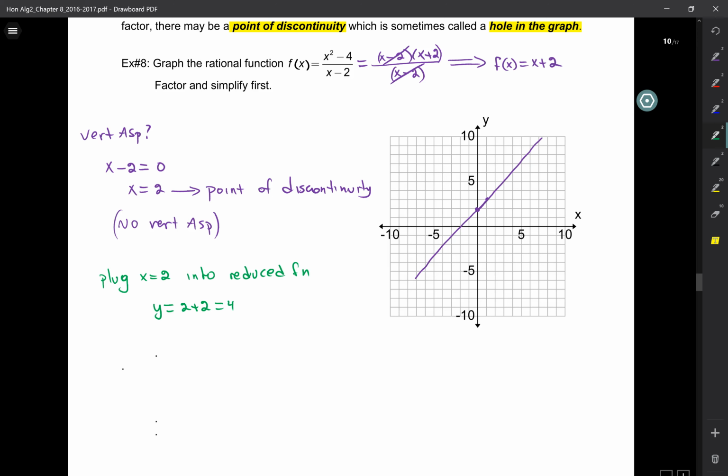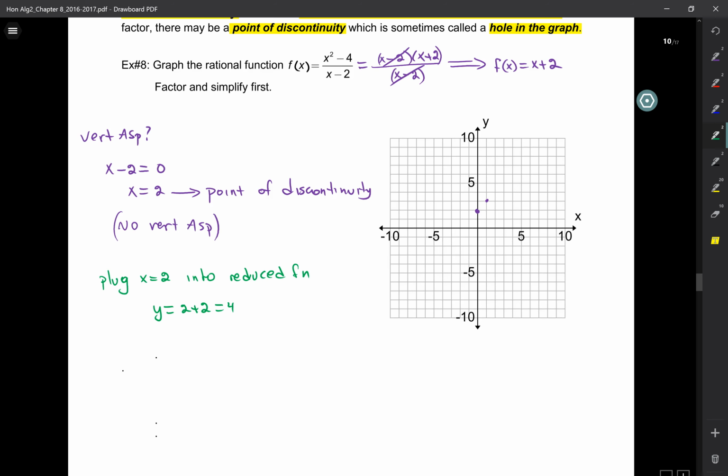That means at x equals 2, y equals 4, there is an actual literal hole in the graph. So I have to do that by erasing this. At x equals 2, y equals 4, 1, 2, 3, 4 here. Here's how we show this. You see that? There's a hole in there.